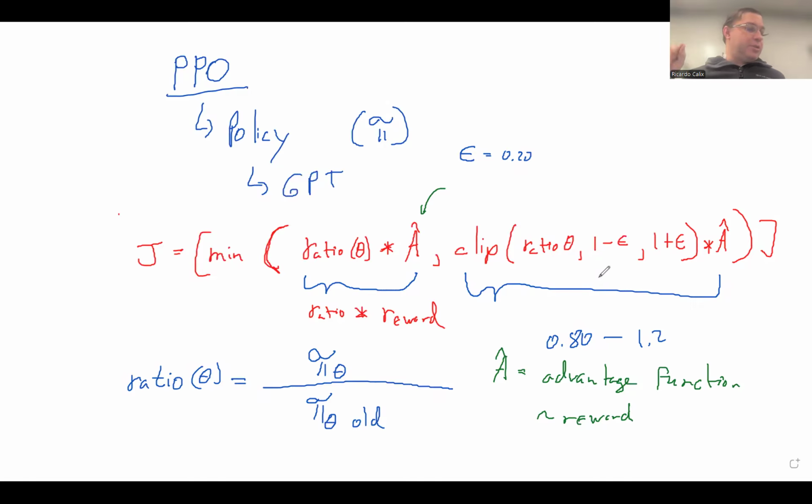So if we were just calculating the reward, then our goal would be to maximize. But in this case, the goal of the ratio, I'm trying to think, that's one thing I'll probably have to read the paper again.